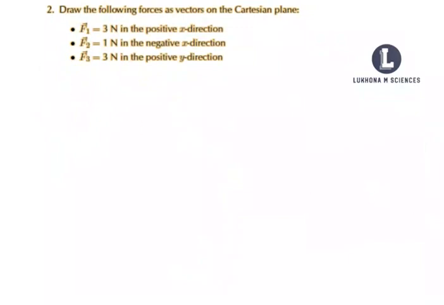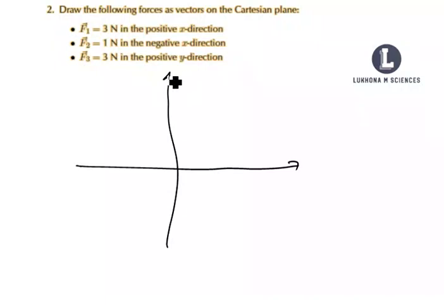The first thing, we draw the axes. We have the x-axis, we have the y-axis, and we have the origin. Here are the positive x-axis. These are the y-axis.